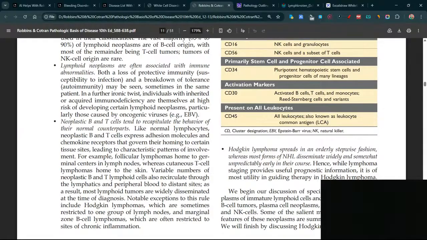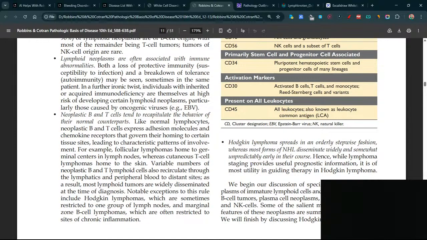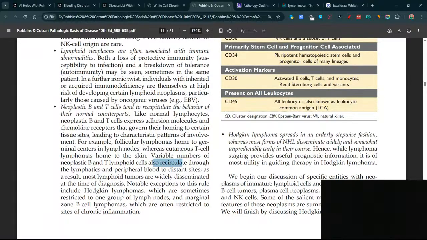Facing the characteristic patterns of involvement. For example, follicular lymphomas home to germinal centers of lymph nodes, where cutaneous T cell lymphomas home to the skin, and variable numbers of neoplastic T and B cells also recirculate through the lymphatics and peripheral blood to distant sites.